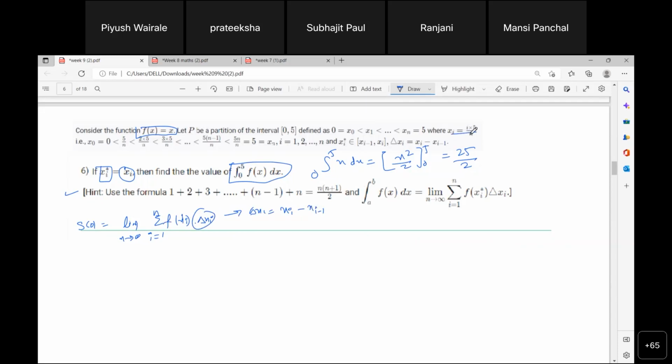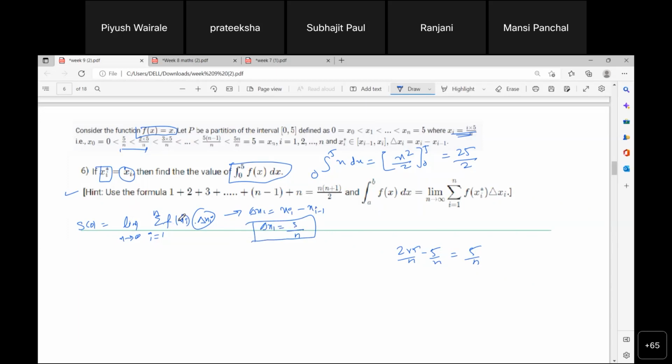If you put in xi and xi minus 1, you can simply take 5 by n minus 0, so you will get 5 by n. So here del of xi is 5 by n.